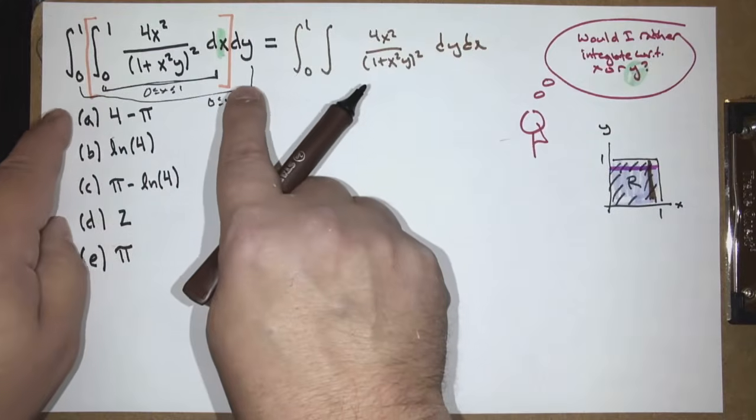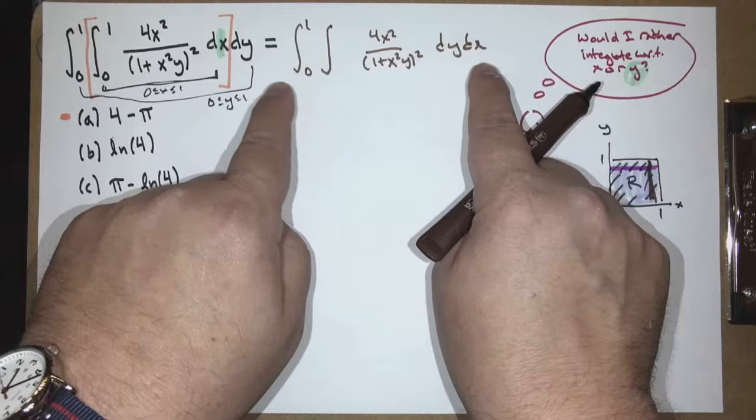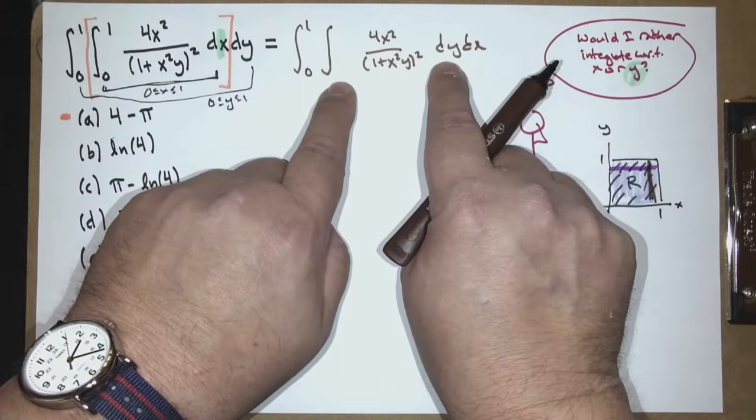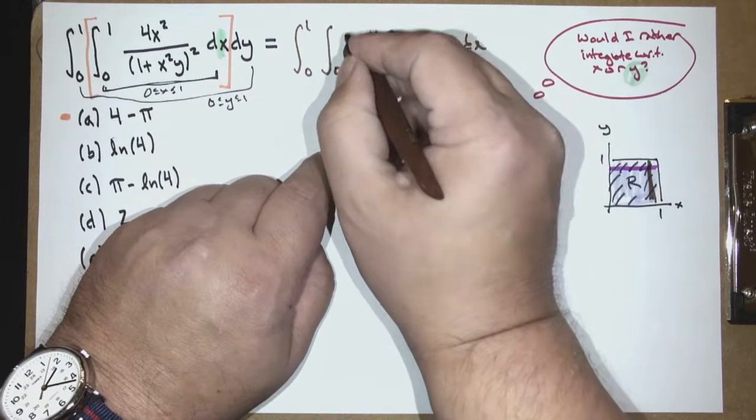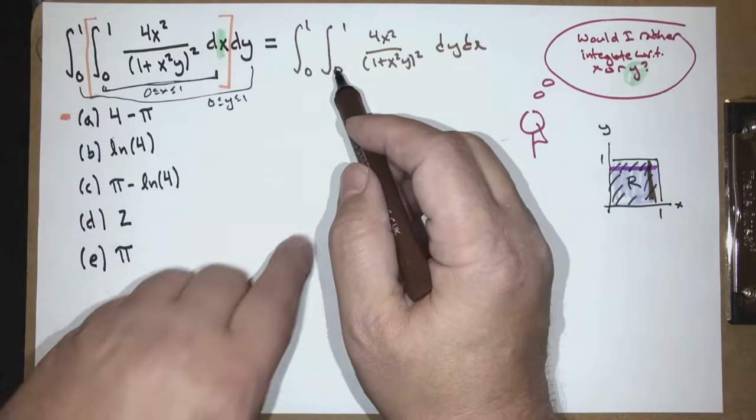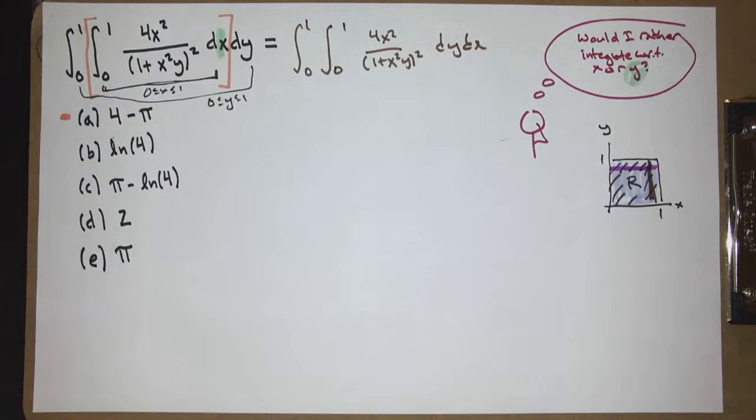Previously, y went from 0 to 1, and now y goes from 0 to 1. This is called, you're a rectangle. When you're a rectangle, it's easy to switch the order of integration. When you're not a rectangle, stay tuned. We're going to get there in a couple minutes. It's a fun story.